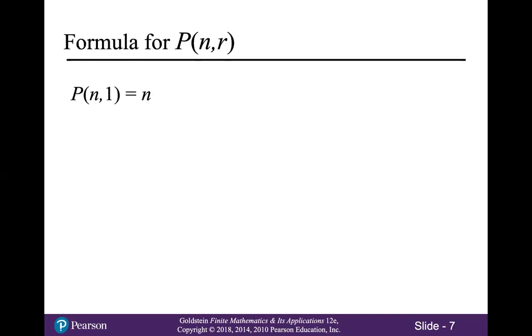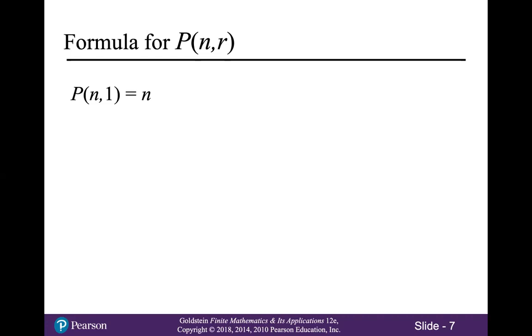Okay, so let's talk briefly about the formulas, but I am not worried about you doing these formulas by hand. You can do them on the calculator. So P(n, 1) is equal to n. Suppose that you had 10 books, and the question was, how many ways can you choose one book and put it in order?